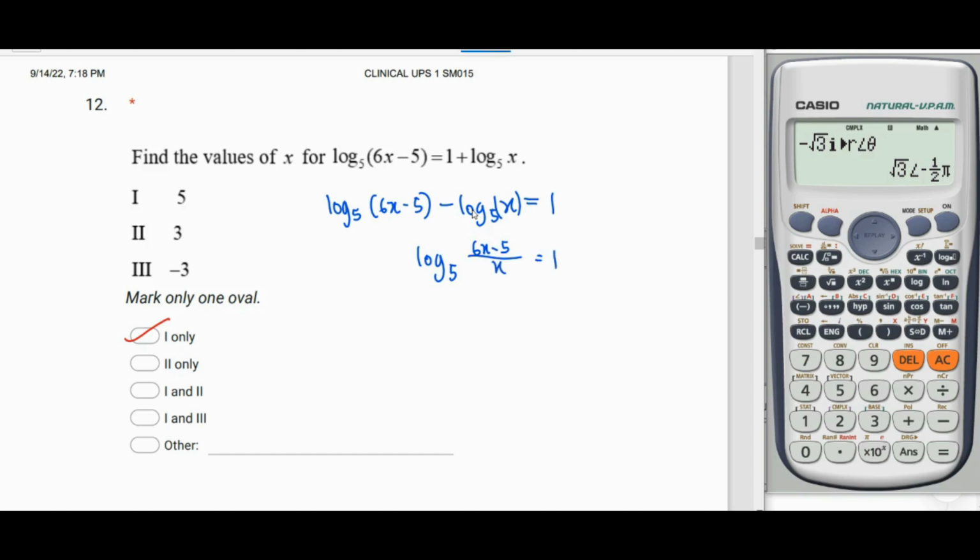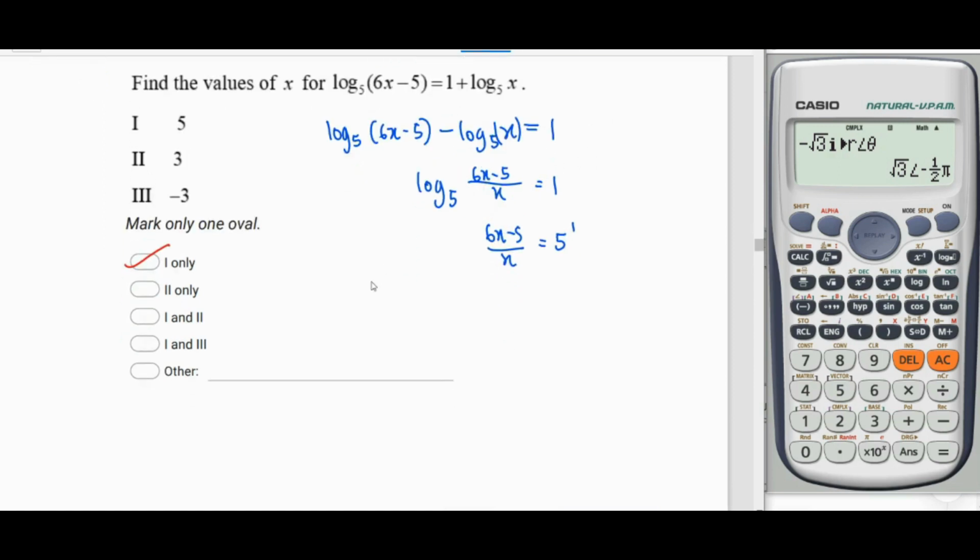Then we can unlog. So it will be 5 to the power of 1. Then we can simplify our x. So here will be our 5x. Collect back, so minus x. Minus 5x, we get x equals 5. So the answer is 5 only.